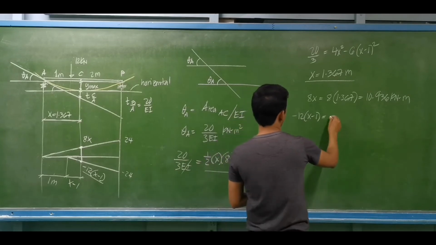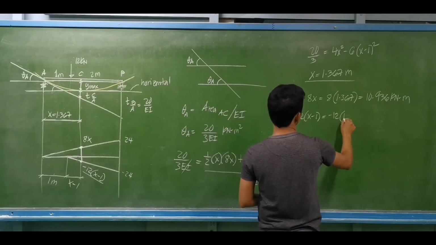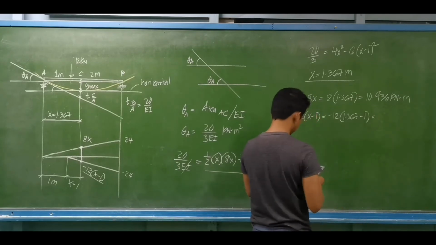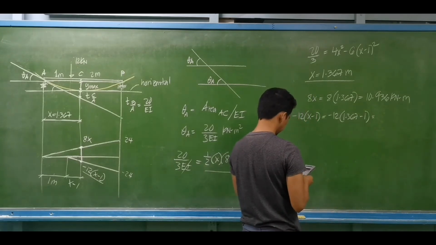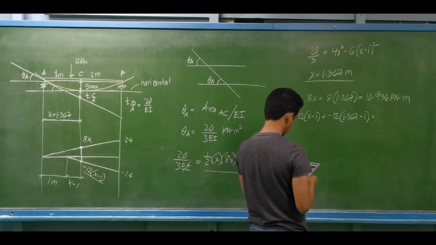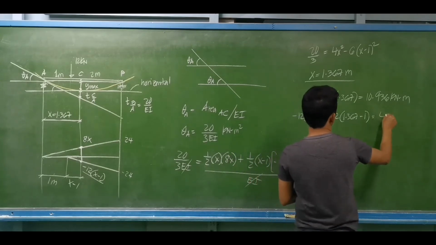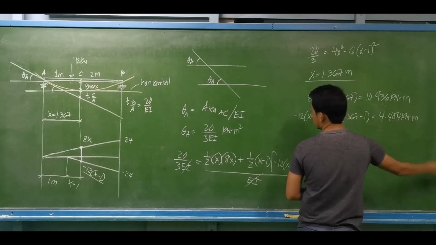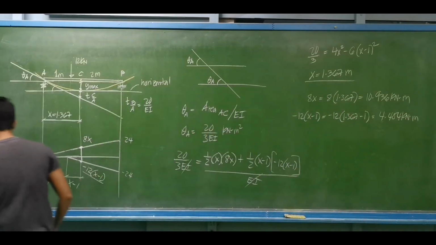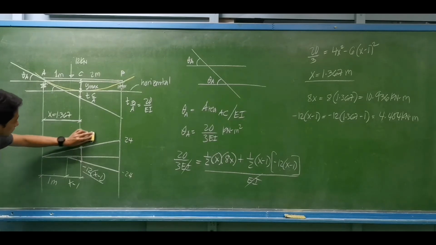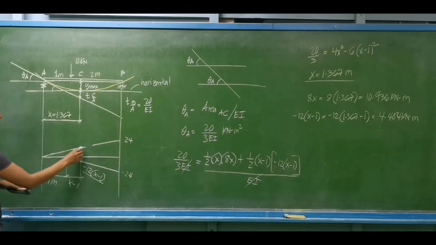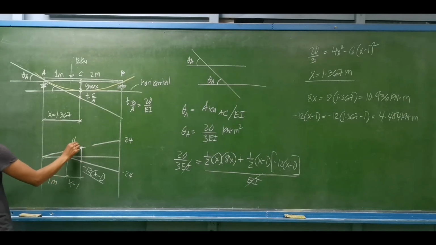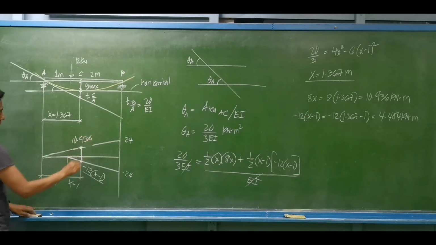So we have negative 12 times 1.367 minus 1, and this is equal to 4.404 kilonewton meter. Alright, so let's replace with these values. So 8 times x is now equal to 10.936.